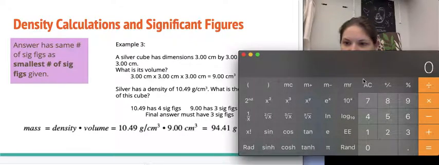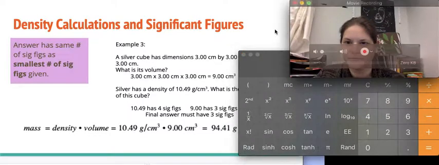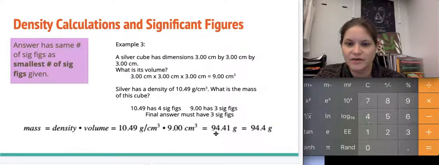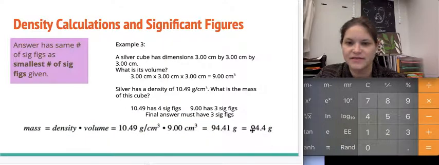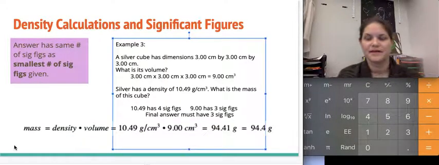When you plug that into your calculator, 10.49 times 9 gives us 94.41. So 94.41 is the answer from your calculator, but you can only have 3 sig figs, so our final answer is 94.4 grams.